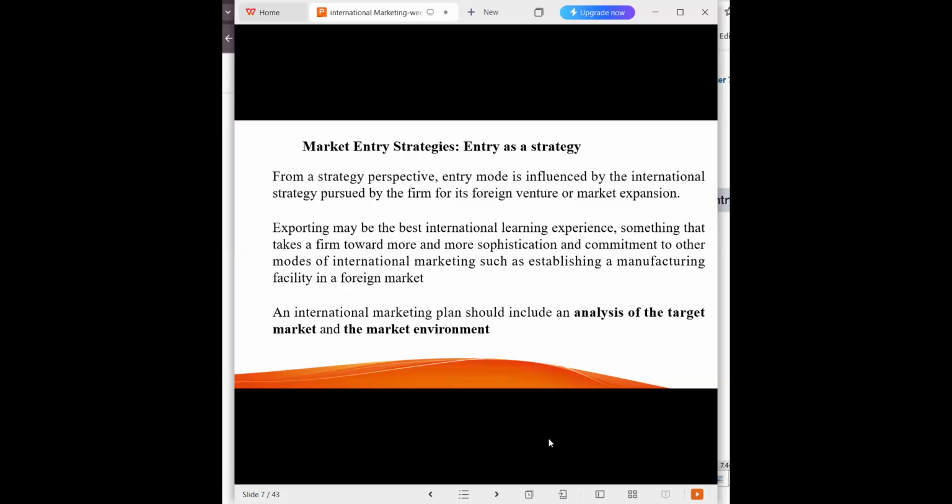These days, there are a lot of policies that are being introduced, a lot of tax that is being introduced, and a lot of laws, a lot of bans that are also being published in that particular nation. So understanding the marketing environment, especially the international marketing environment, is very important to enter that particular target market.